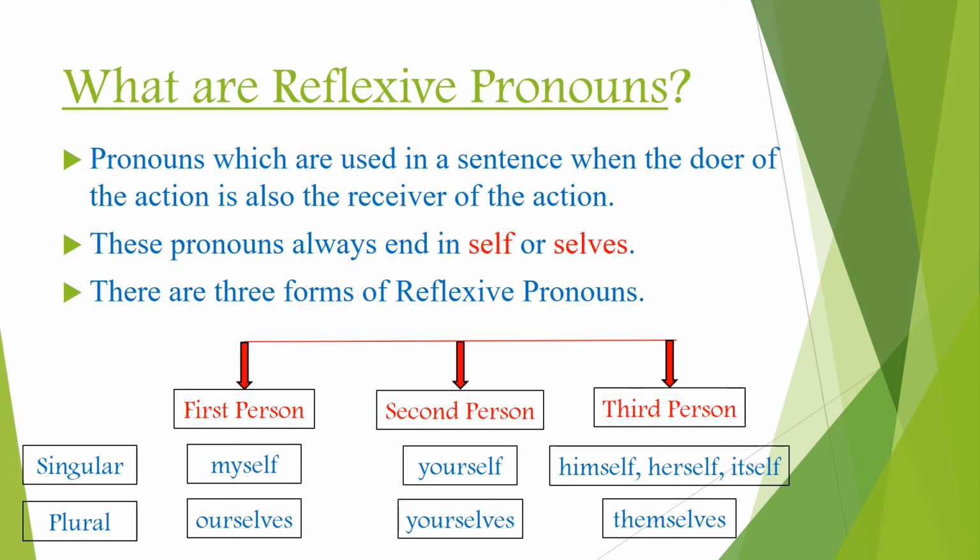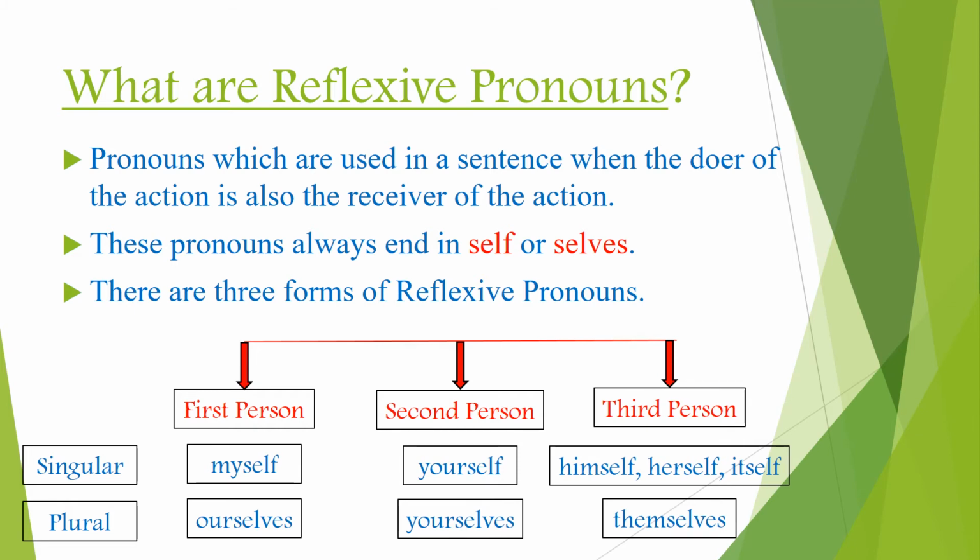So the subject in a sentence is also the receiver of the action. So if I am doing an action, I am also the person who is receiving the action, and there is no one else around on whom I'm talking.